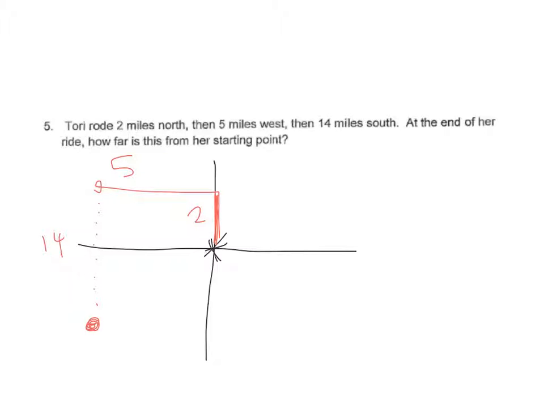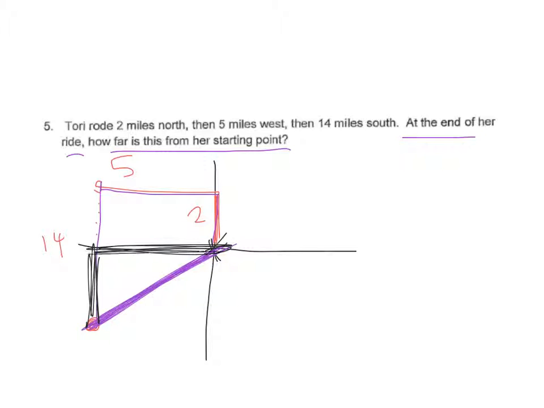I drew a drawing on a coordinate plane of what's going on. So Torrey rode 2 miles north, then 5 miles west, and then 14 miles south. And it says, at the end of her ride, how far is she from her starting point? So you're trying to find this distance right here. So to me, I see a right triangle with, we're trying to find what C is.